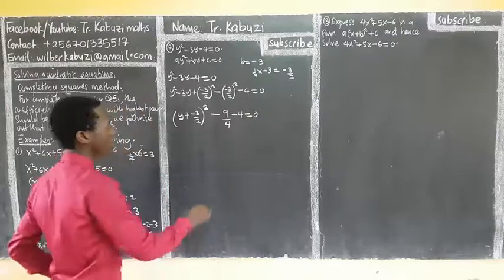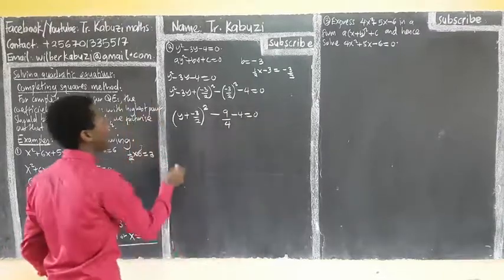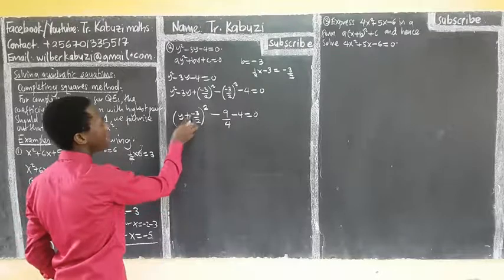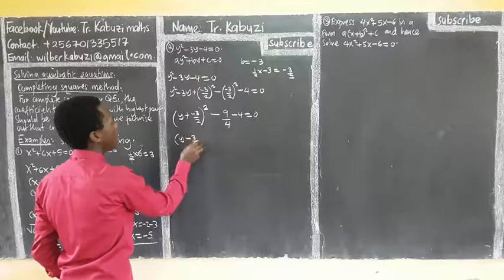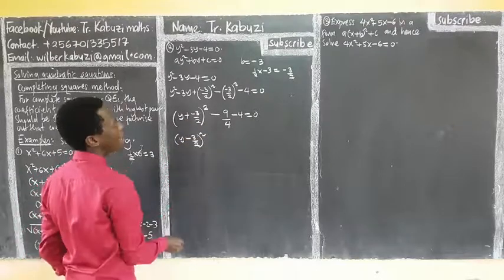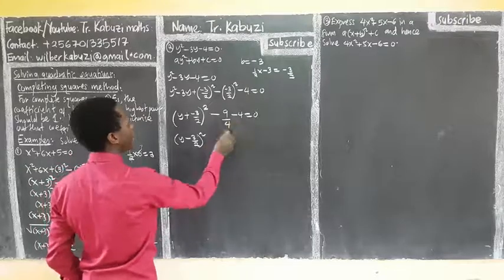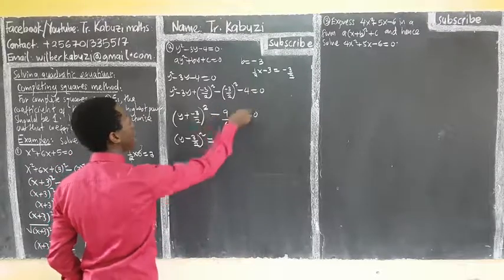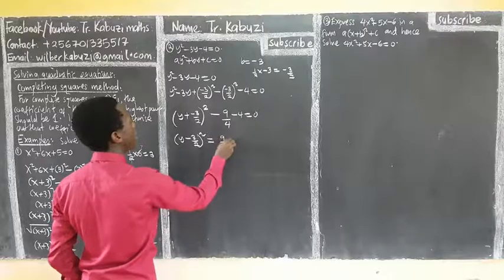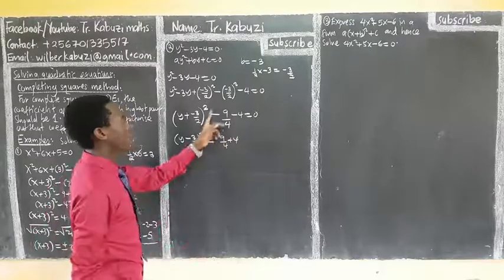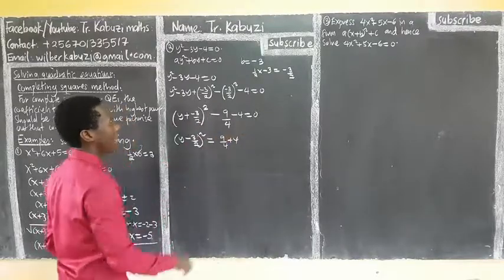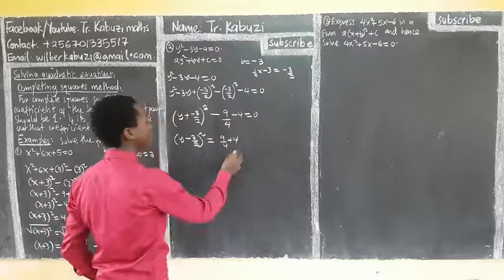Now what do we do? We simplify. So this will be y minus, minus will be minus positive, we get a minus, then minus. Here, when I take these two to this side, I have then plus 4. This becomes a positive and this becomes a negative across the equal sign.